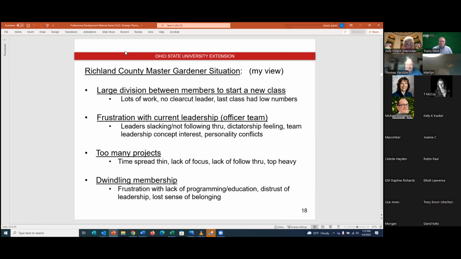So, just some mixed feelings there. Some people were looking that maybe some of the leaders were slacking a bit or weren't following through. Some felt that maybe the president was kind of telling everybody what to do, because she's getting frustrated because she's not getting people to do things. So they were thinking about, how about a team concept? We'll just have a team of people be leaders. Well, you still got to have those people that want to be on that team.